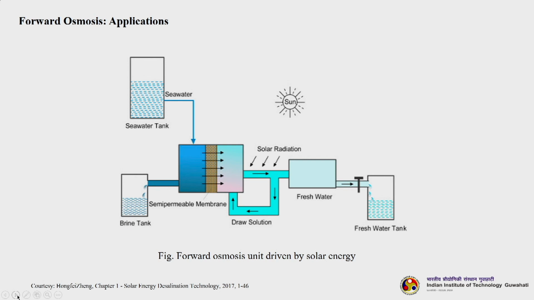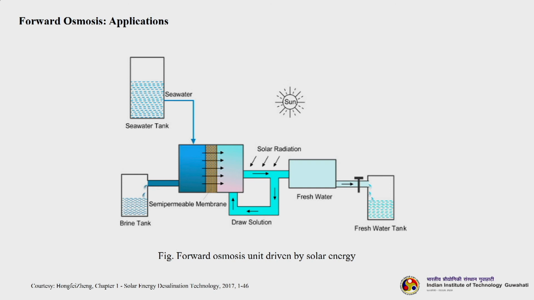And this is another application in which solar radiation is used to accomplish a forward osmosis system. Again the same process: there is a semi-permeable forward osmosis membrane in which sea water is fed to one side, and fresh water fed to the forward osmosis system as a draw solution is getting enriched by water diffusing from the saline water to the draw solution side.